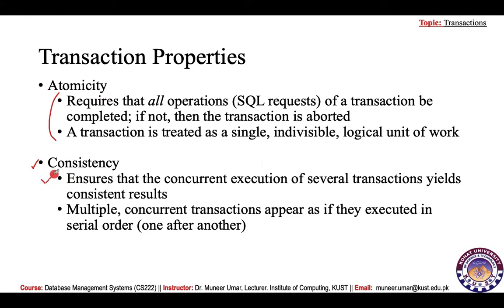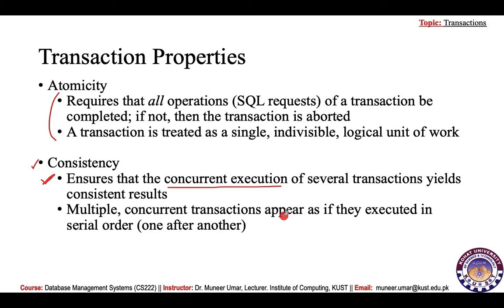If we have multiple transactions executing in a single unit of time, then such type of scenario is known as concurrent execution of multiple transactions. And in such a scenario, the end result would be consistent, means that there would be no conflict among these transactions.